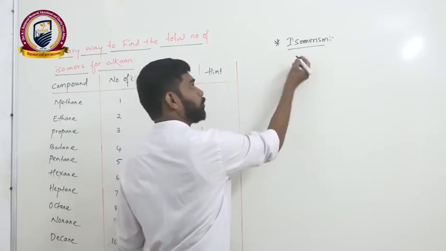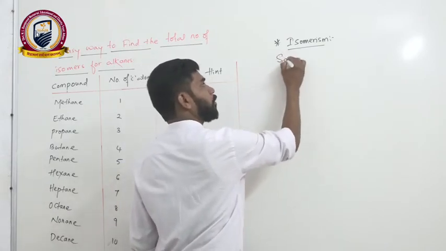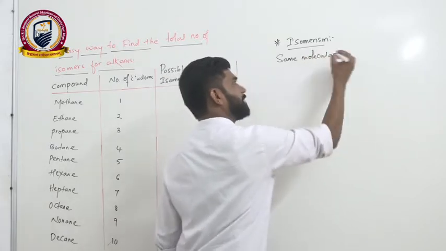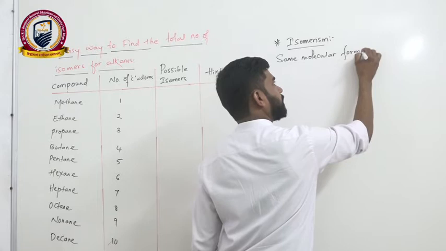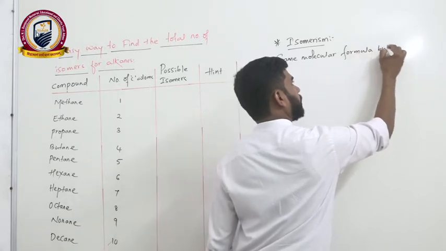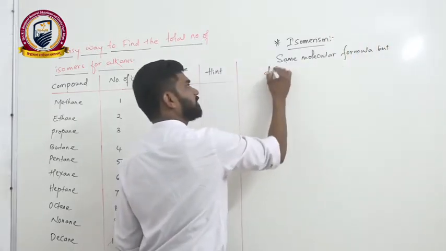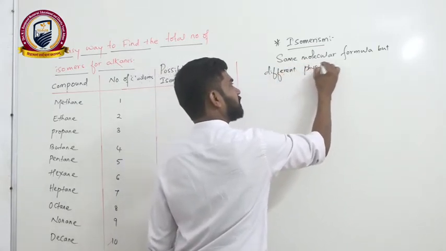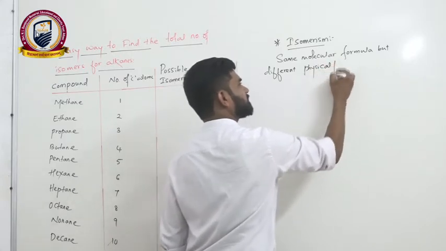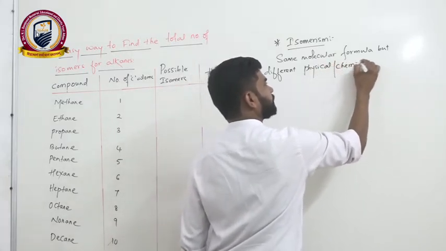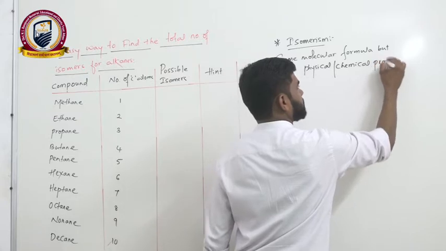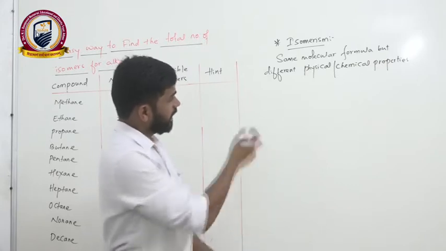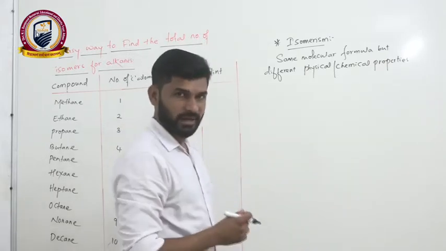That is, two or more compounds having the same molecular formula but different physical and chemical properties are called isomers, and this phenomenon is called isomerism.